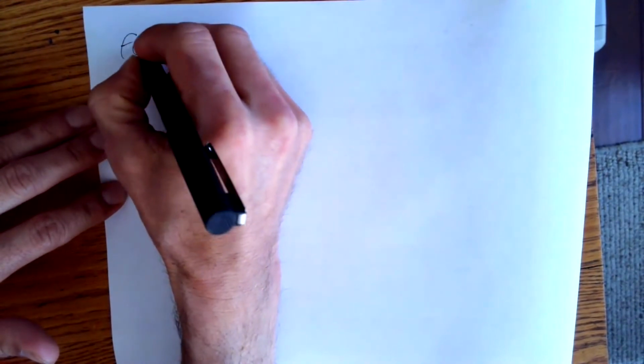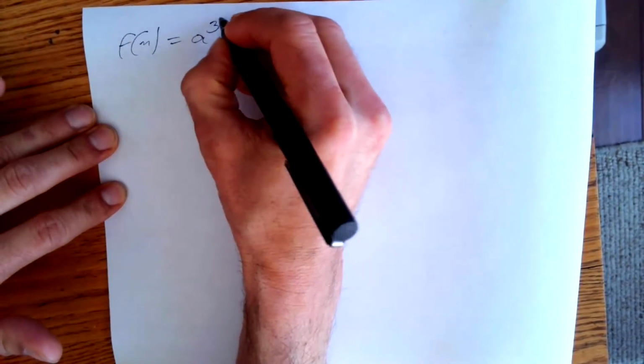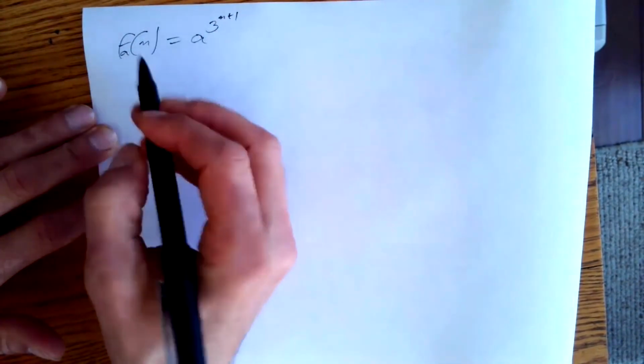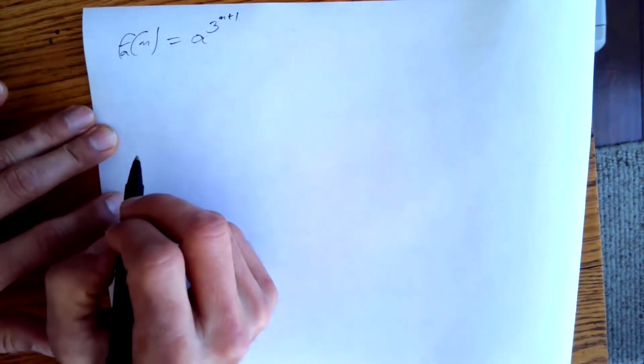So here it is on a piece of paper. It's too bad that this thing gets defocused every time. Okay, so we want to compute the function a to the 3 to the n plus 1. It also has an a as a constant, but really the important part is n.